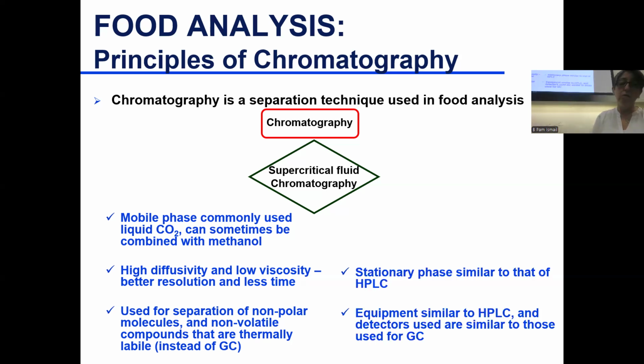Okay, so with that, the stationary phase is similar to what we use in high performance liquid chromatography, but the detectors are similar to those used by GC. So in later lectures, we're going to talk about stationary phases in HPLC, and Gary's going to talk about all possible detectors for GC. So this is all that I want you to know about supercritical fluid chromatography.